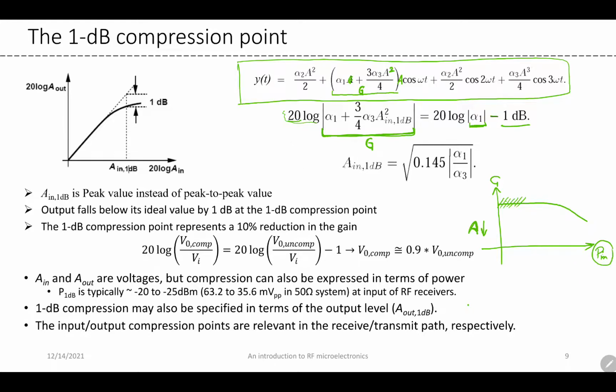If you calculate it, the input amplitude comes out to be this: the 1 dB compression point is where the amplitude of the input signal is equal to the square root of 0.145 alpha 1 by alpha 3. The value of A changes based on the values of alpha 1 and alpha 3 for different systems.